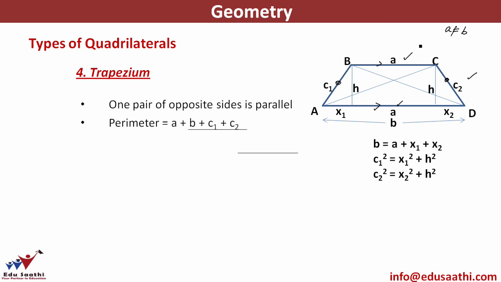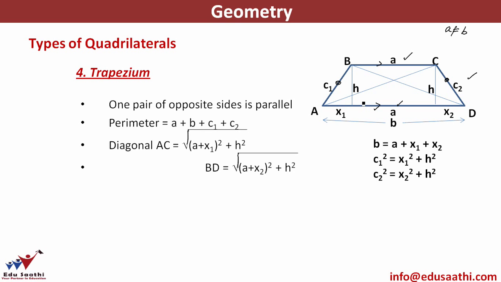In order to find out the perimeter, I look at the sum of all the sides. So it will be A plus B plus C1 plus C2. The diagonals AC and BD would be given by the formula. I'll just apply Pythagoras theorem and I'll get the result.